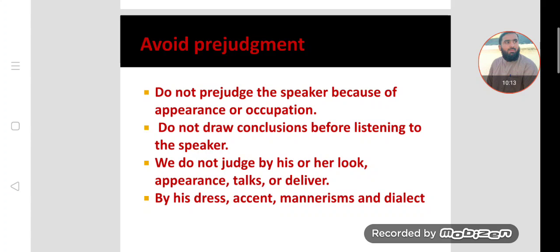Like we have this concept, most people draw conclusions before the speaker's talk. Upon the completion we can draw conclusions. Don't jump to conclusions before the speaker talks.